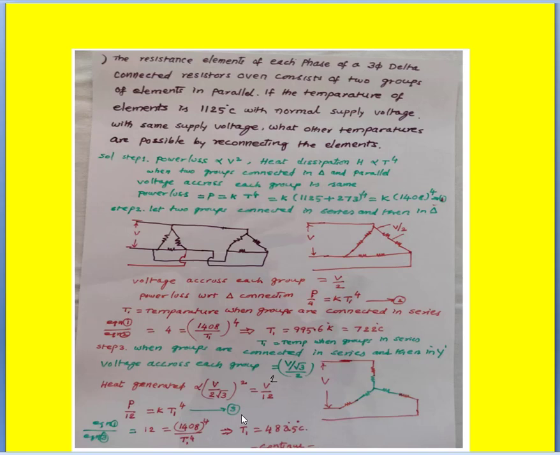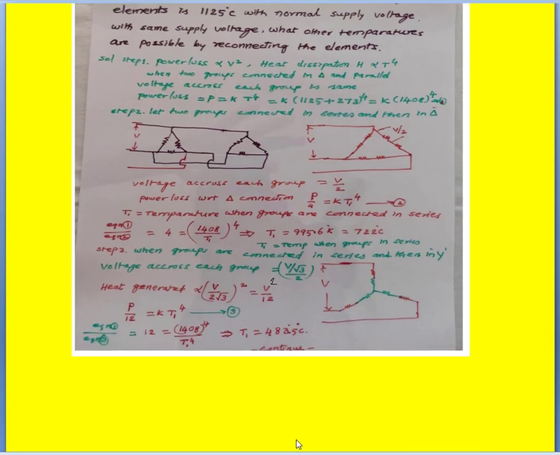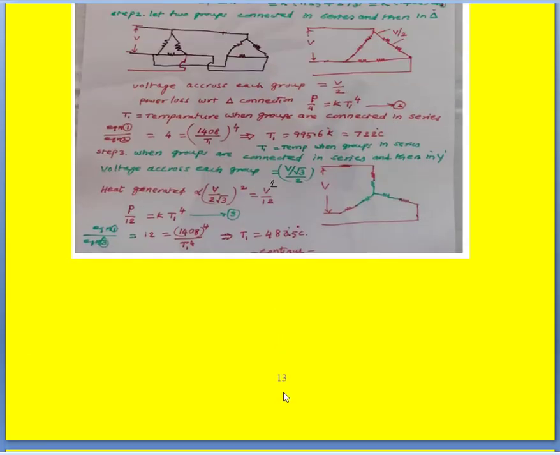Now let us divide equation 1 with equation 3. Then we get 12 is equal to 1408 divided by T1 whole power 4. So from this, if we simplify it, we get T1 as 483.5 degrees centigrade.